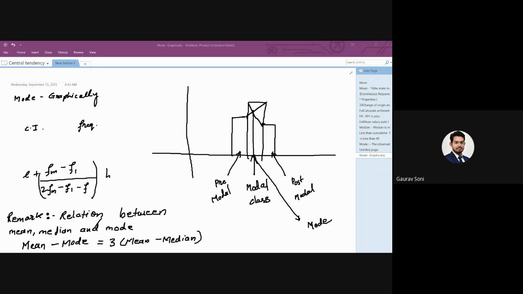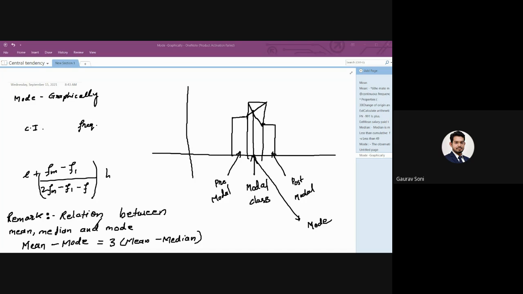Then what we can do is, the class preceding the modal class is the pre-modal class, and the class succeeding the modal class is the post-modal class. And we have drawn a line from the upper limit of the pre-modal class to the upper limit of the modal class.